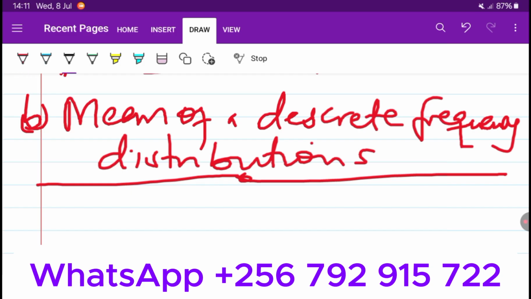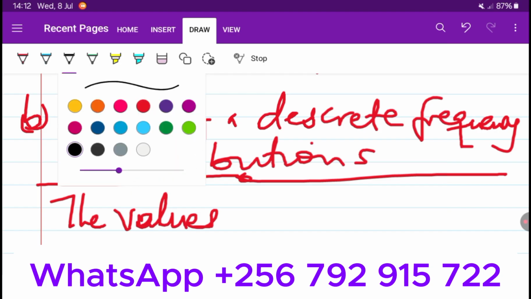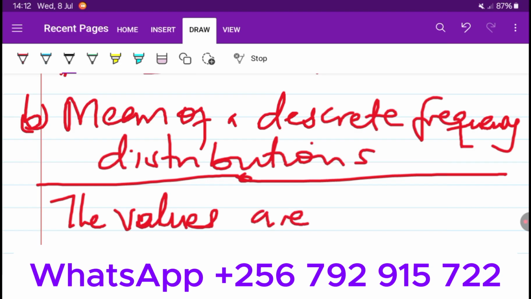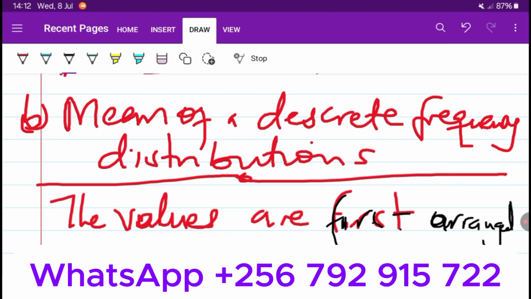Of course, just to give maybe a small introduction, the values here are first arranged in a frequency distribution table, and then the mean is calculated.